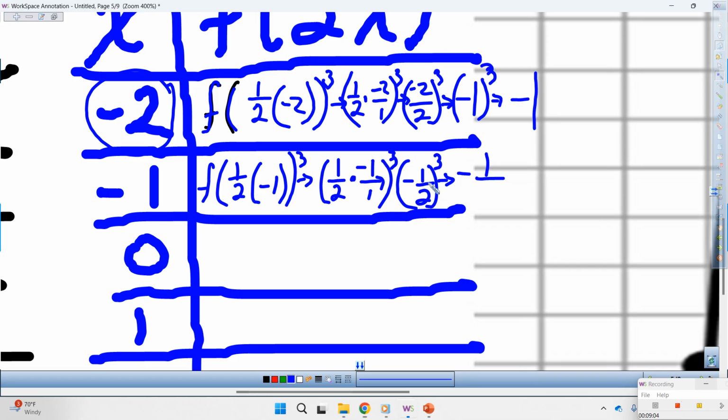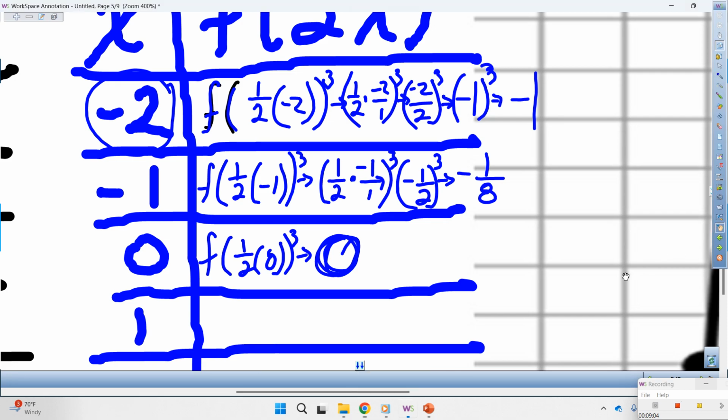Negative 1. What is 2 times 2 times 2? 8. There it is. And of course, f of 1/2 times 0, it's always 0.